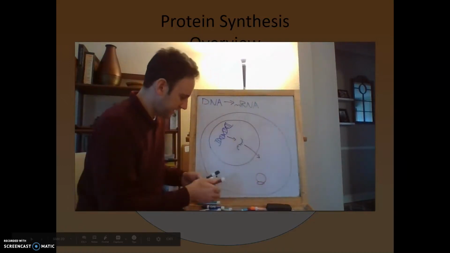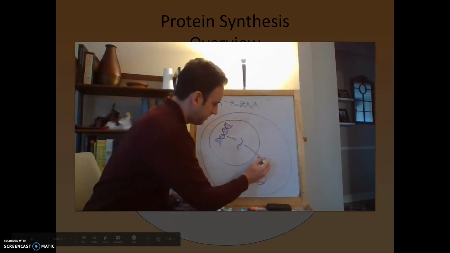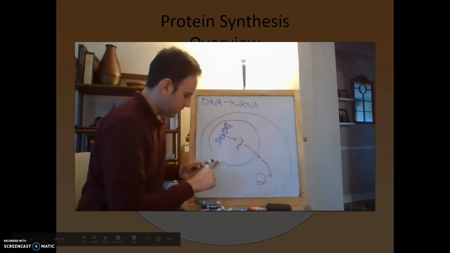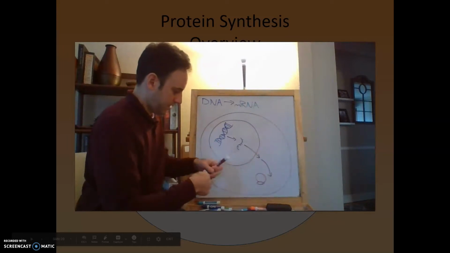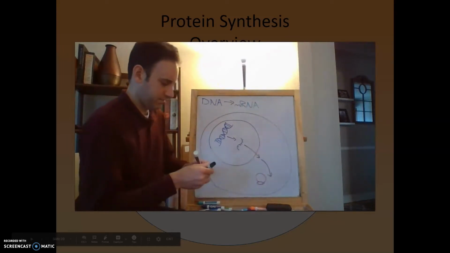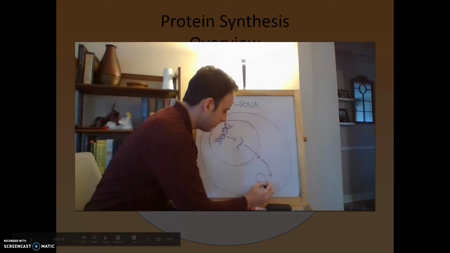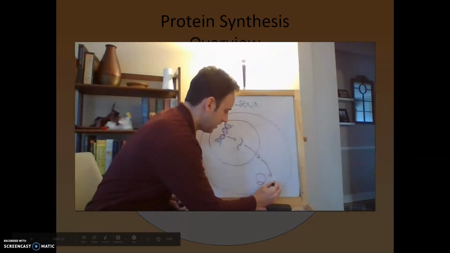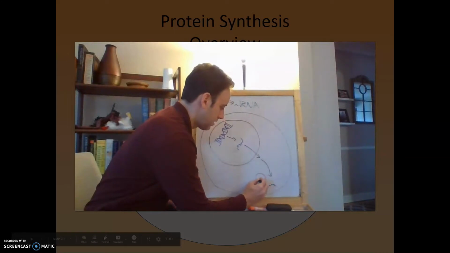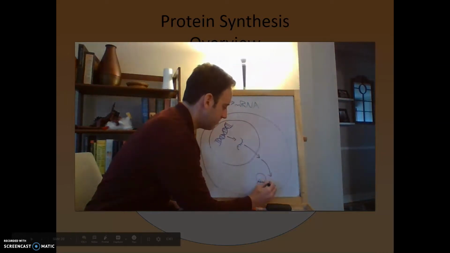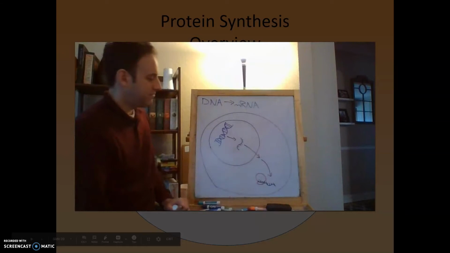And so what happens is you take your recipe and you go to your ribosome, and in that ribosome, you are going to feed in your photocopy of messenger RNA.